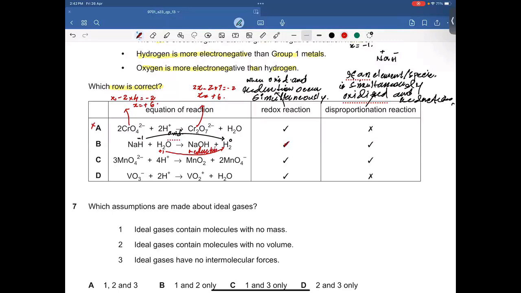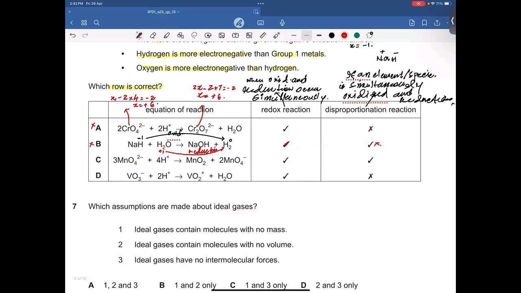So this part is right, but this is wrong because it is not a disproportionation reaction, because we have two different species involved. According to the definition, if a single species is involved simultaneously in oxidation and reduction, then it's going to be a disproportionation reaction. But over here, we have two different species involved in oxidation and reduction, which means it is not a disproportionation reaction, which means it is incorrect.